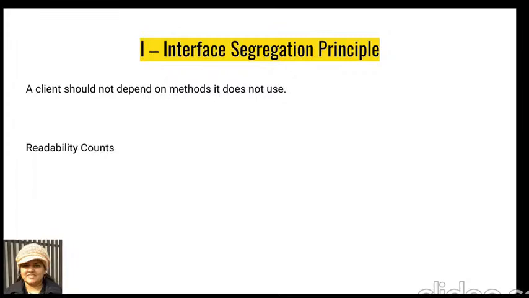Interface segregation principle. What it says is that a client should not depend on methods it does not use, which means your code should be readable and it should not have a redundant part which the actual class or the parent is never going to use. To me, this particular principle was confusing because it talks about interface and we don't have interface in Python.